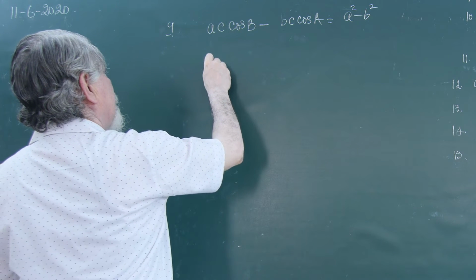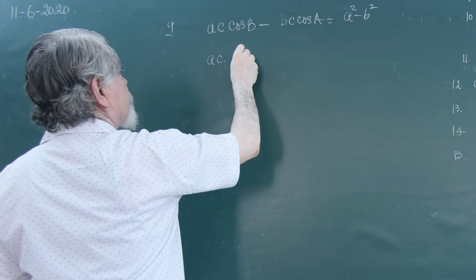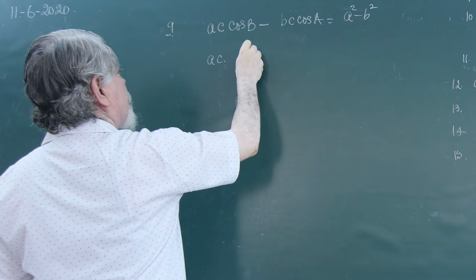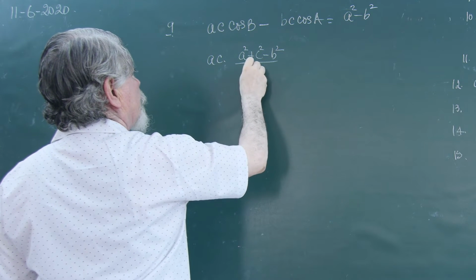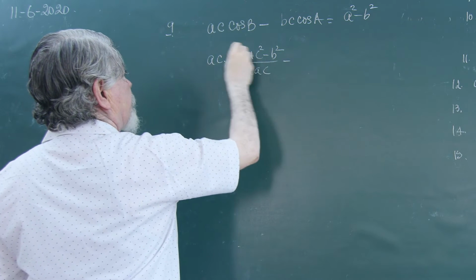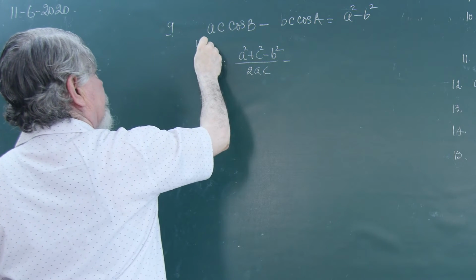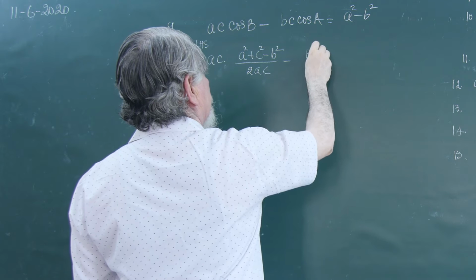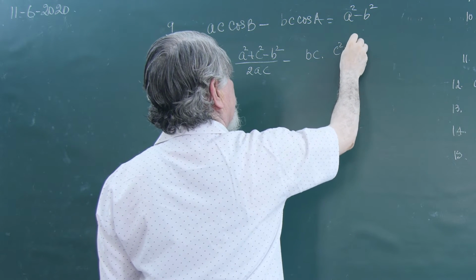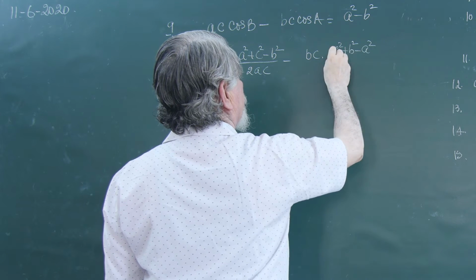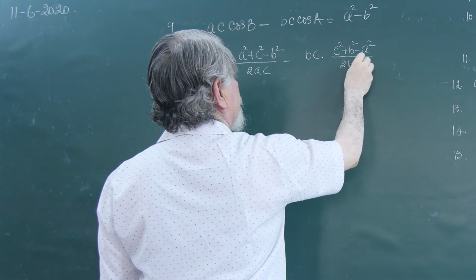So AC cos B means (A square plus C square minus B square) upon 2AC. I'm picking up the left hand side. Minus BC cos A means (C square plus B square minus A square) upon 2BC.